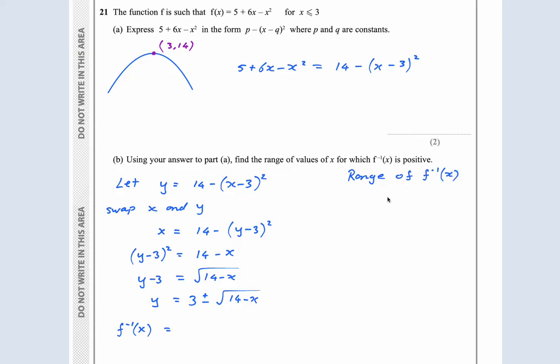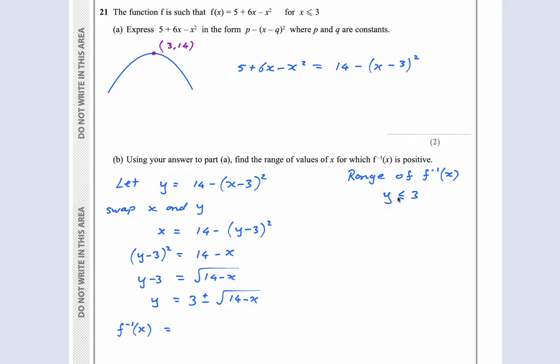The range is the same as the domain. So we need to remember that. The range of the inverse function is the same as the domain of the function. So if the domain of this is x is less than or equal to 3, then the range of this is y is less than or equal to 3.